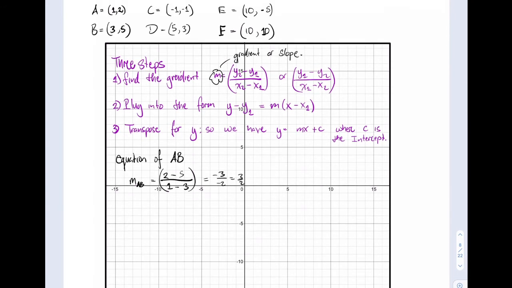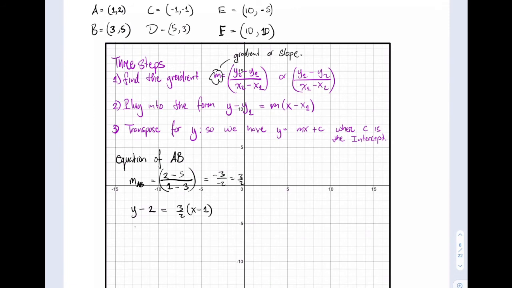Now that we have the gradient, we can say that y minus 2, because here I'm using this point, so I took the 2 from this part, is equal to 3 over 2 times x minus 1, because the corresponding x is 1 since I'm using this point here. I'm going to do another example with the other point, and we'll see that we get the same thing.